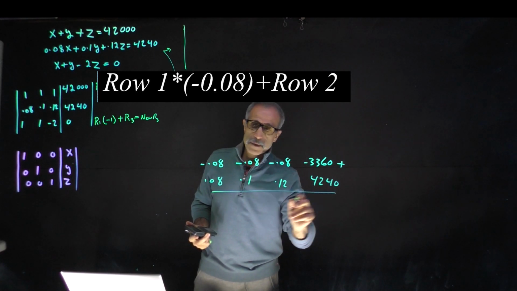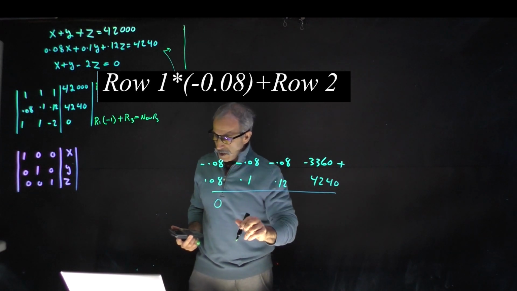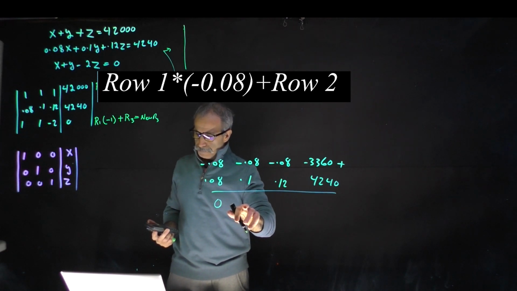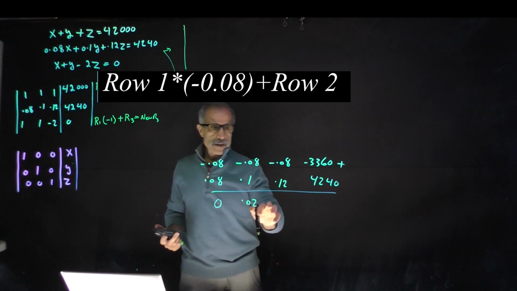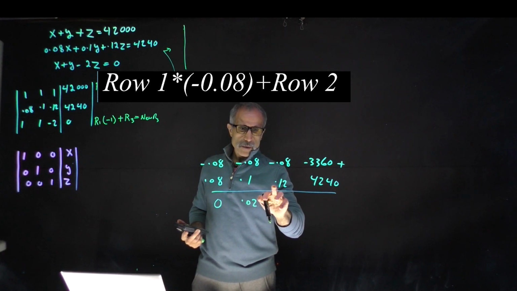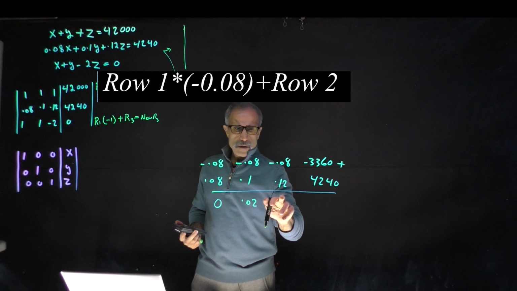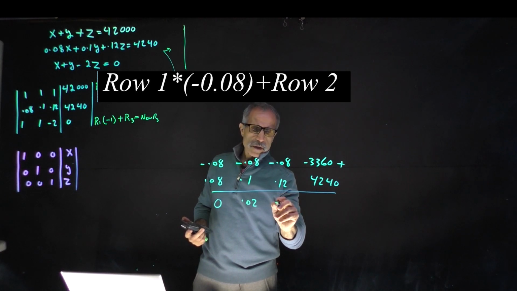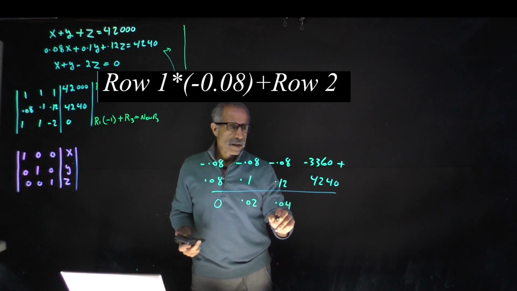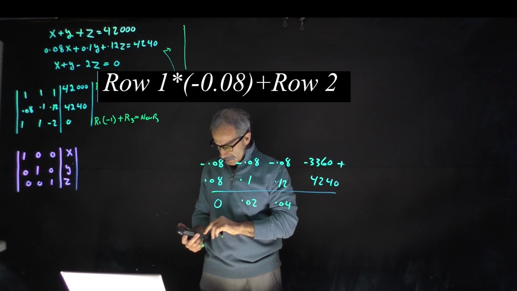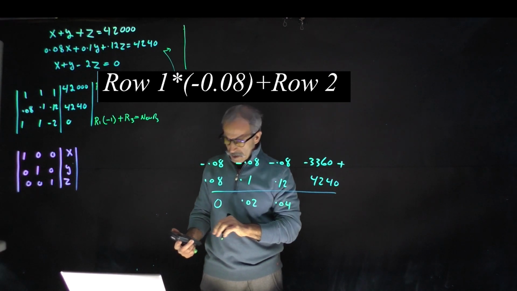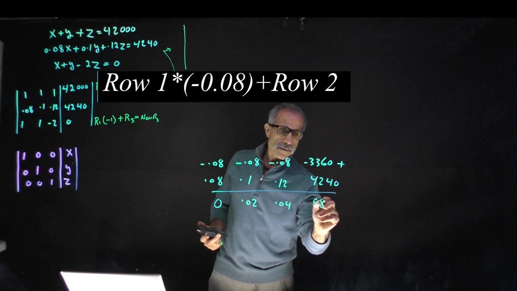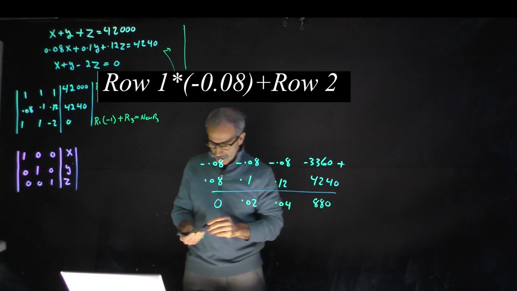So if I add these two up, this will become 0, and this one will become 0.02, and then this one becomes 0.04, and this should come out to 0.04, and 880. All right, so now I'm going to come up here.